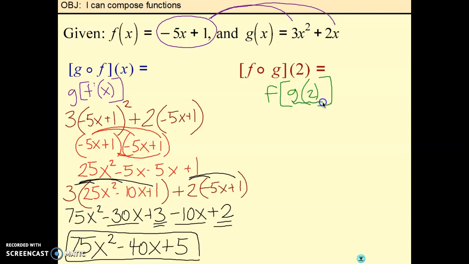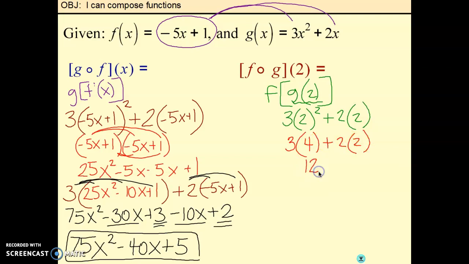So if I have a 2 to plug into the g function, I would start with subbing in the 2 and evaluating. I still do order of operations, right? So it's still 2 squared, so that gives me 4 first, and then 3 times 4, and I would get an output of 16.